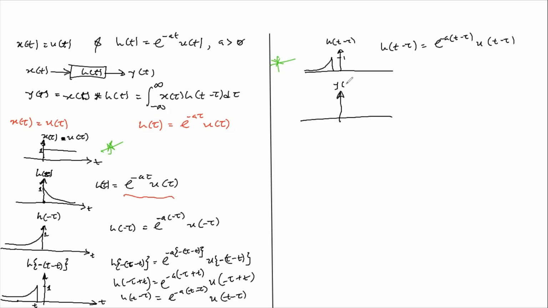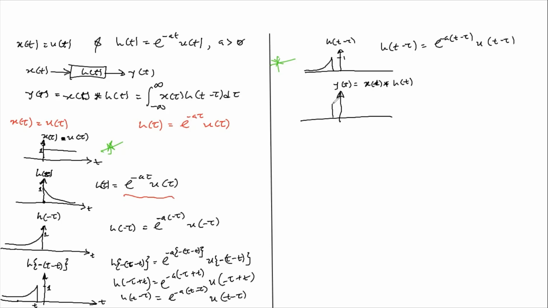So we have y of t, which is the same as s of tau convolved with h of t.